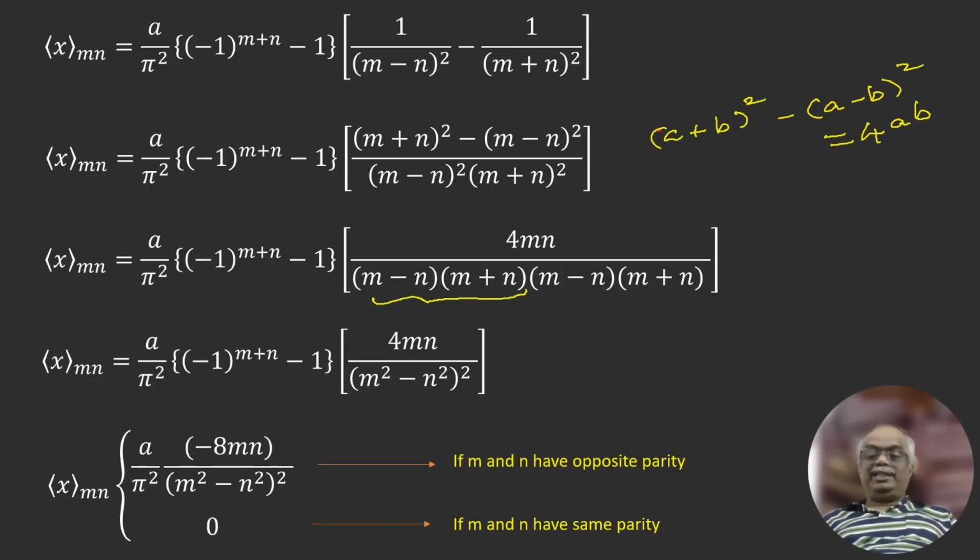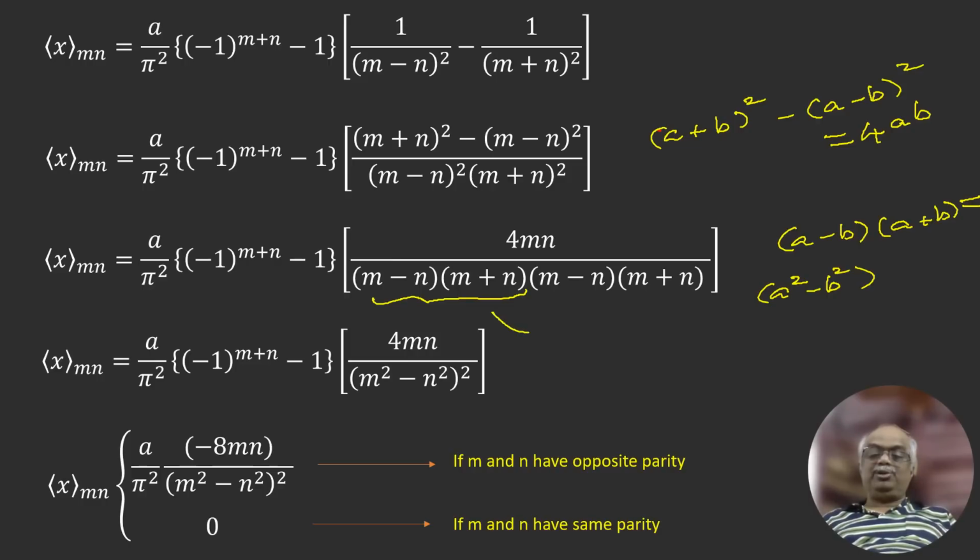You know very well that a minus p into a plus p is equal to a squared minus p squared. So a squared minus b squared can be written as a minus b into a plus b.